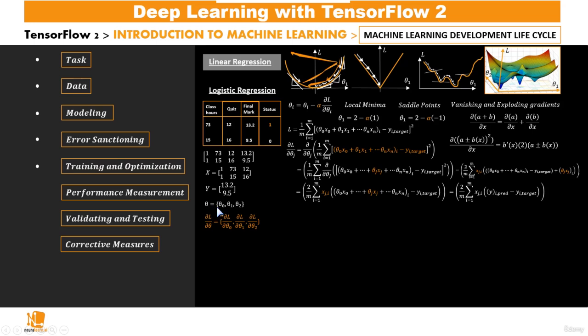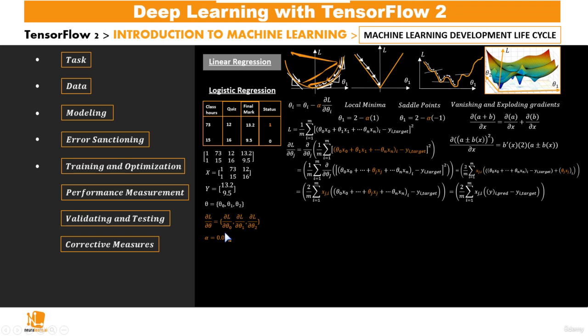And for each of these theta, we have to calculate the partial derivative of the loss with respect to the theta. Recall that we're doing all this because we need it in our gradient descent algorithm, wherein to find the new values for theta, we also need the partial derivative of the loss with respect to theta.